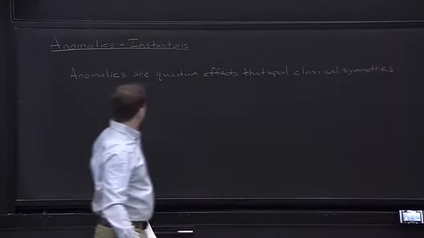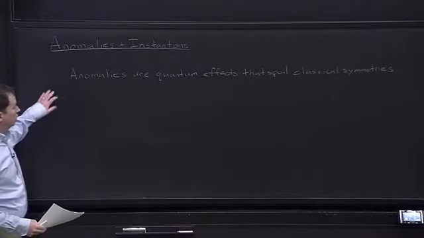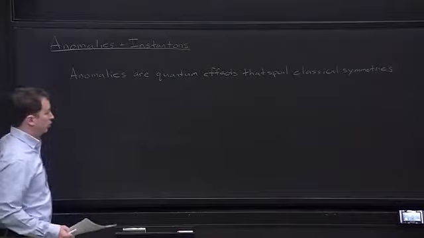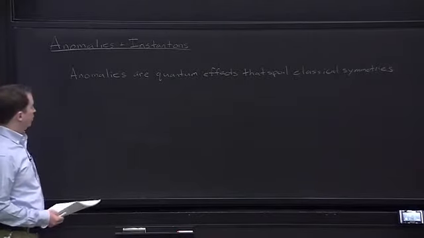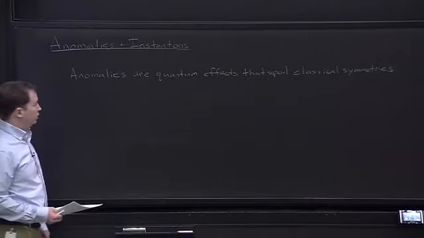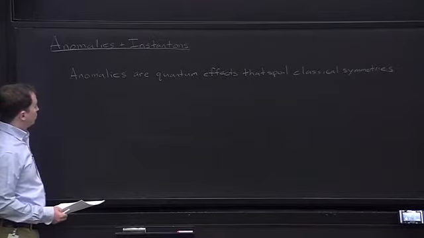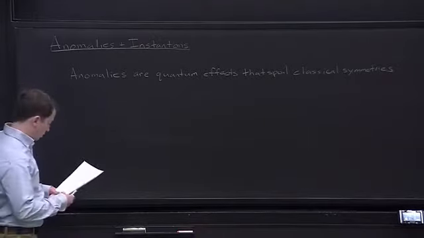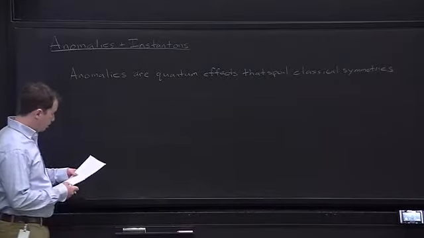So you've seen a brief introduction to anomalies in the first week of this course, where you learned about the conformal anomaly, and on your homework you saw a problem regarding 2D massless QED, the chiral anomaly.